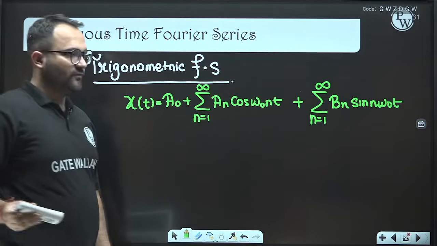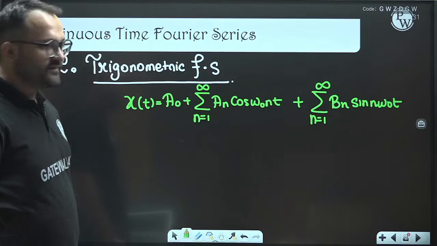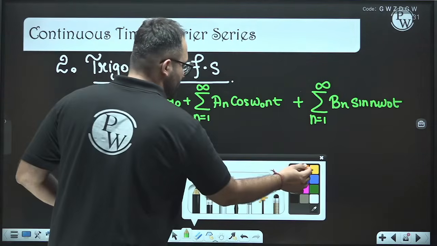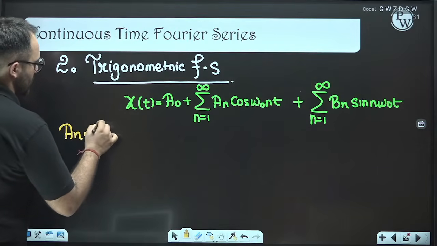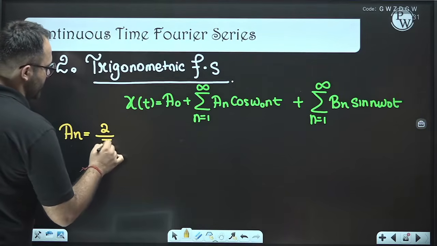There are formulas to find out an and bn, but generally we don't use these formulas. I'll write the formulas, but they are not used. An is equal to 2 upon time period.